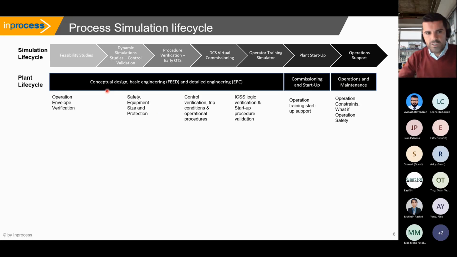Depending on the phase, on the stage that we are in, of course, process simulation can bring different advantages, right? The first thing that we address is the design verification for the conceptual.